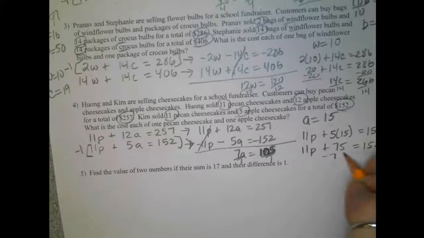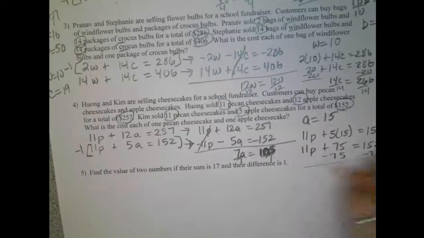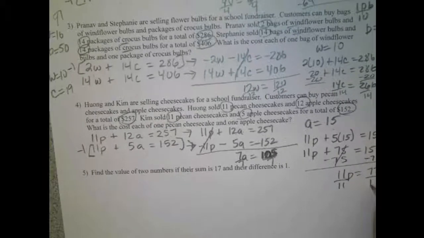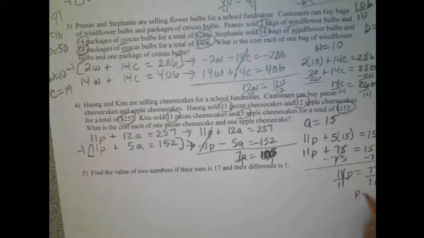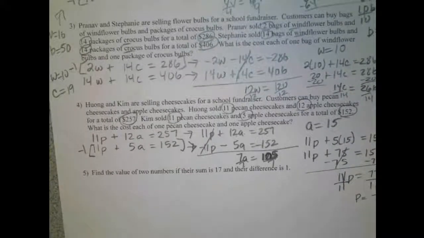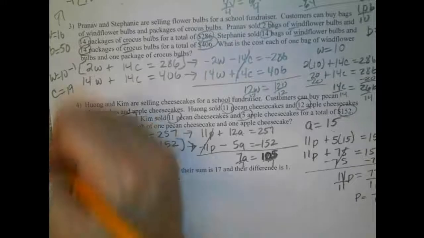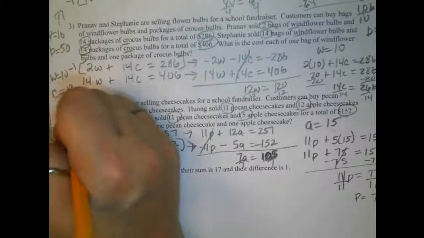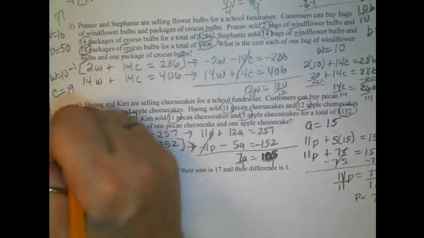Going to subtract 75 from both sides. So 152 minus 75 is going to give me 77. So 11p is equal to 77. When I divide both sides by 11, p is equal to 7. So for number 4, a is equal to 15, p is equal to 7.